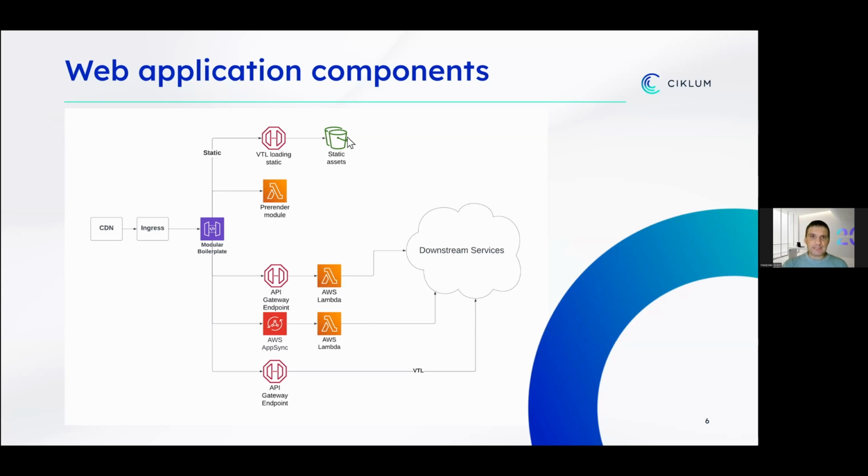Also, we have static assets in S3 buckets, which are also added to the boilerplate. So basically what the boilerplate does, it gets all the necessary information, creates a static website, and publishes it for our customers. So what did this approach help us to achieve?